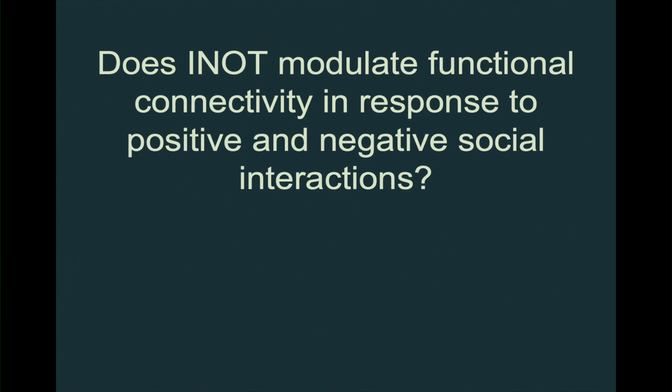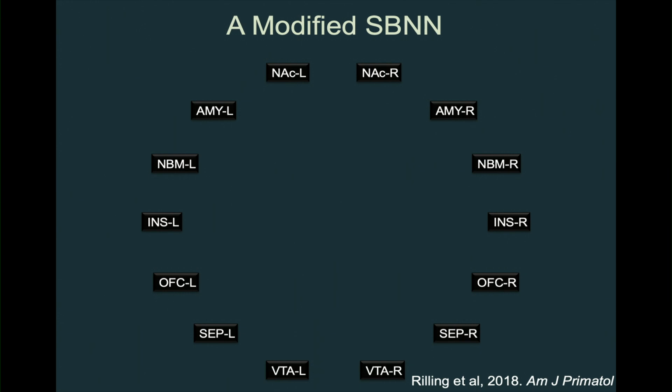So that kind of parallels the results that I was just showing. Okay, and then the last result I wanted to show was how oxytocin modulates functional connectivity. And here what we did is we specified what we call a social behavioral neural network, which is loosely based on an analogous one that's been defined in rodents.